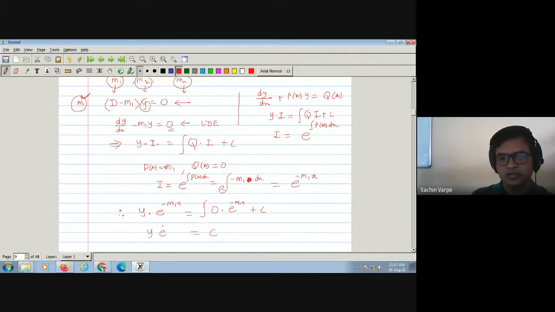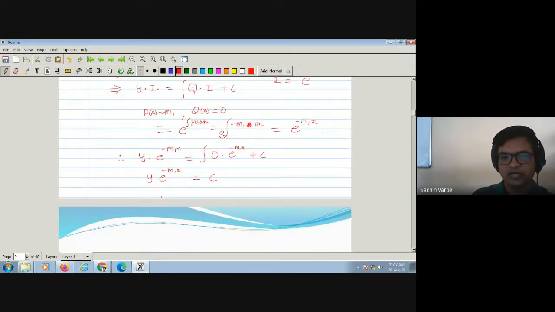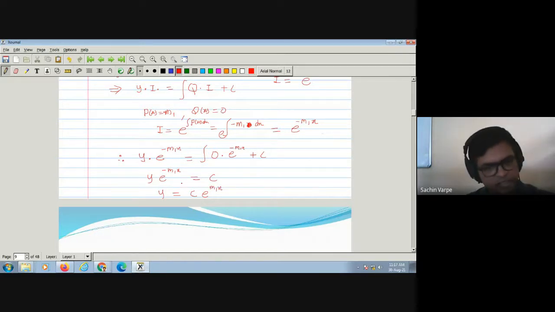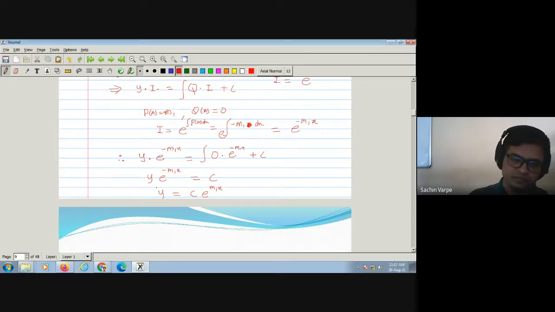So y e to the power minus m1x is equal to c. What will be the value of y then? y is equal to c e to the power m1x, when I divide both sides by e to the power minus m1x. Is this clear?